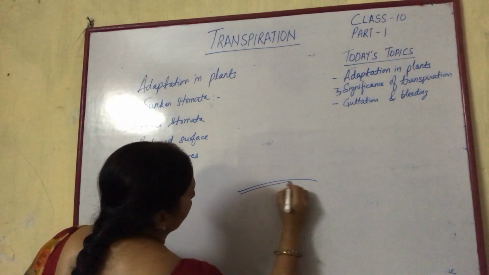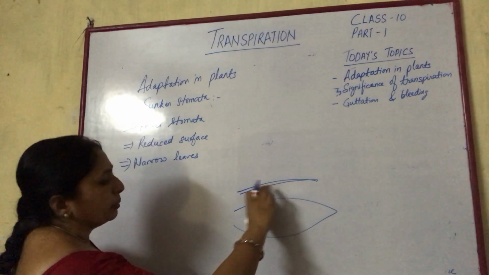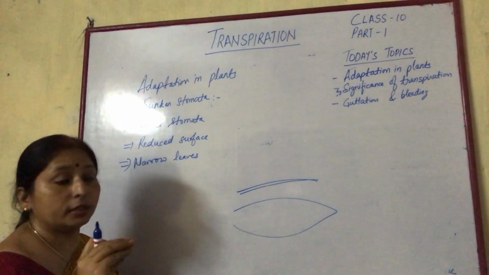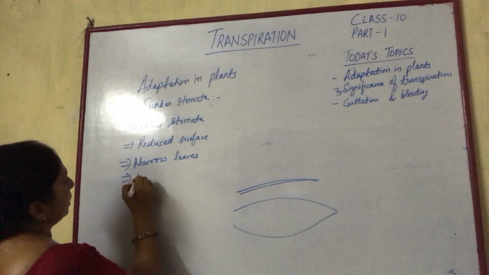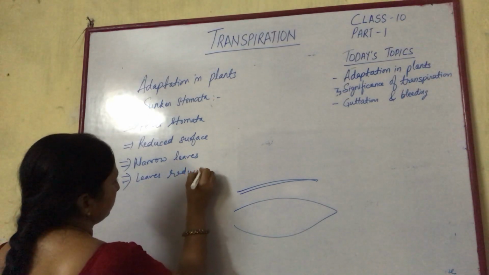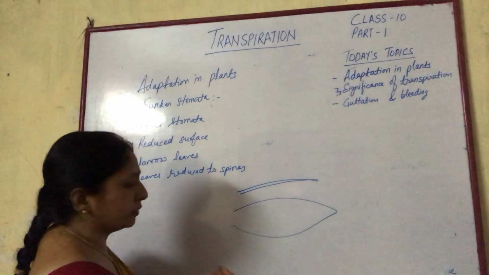In case of narrow leaves, the exposure to sunlight is less as compared to broad leaves, so narrow leaves are responsible for reduced transpiration. Then next is leaves reduced to spines, as in the case of cactus we have studied.